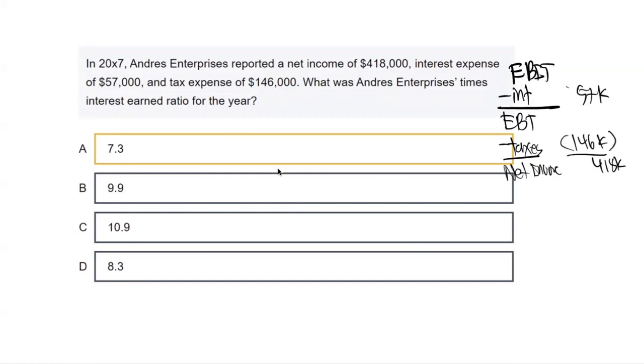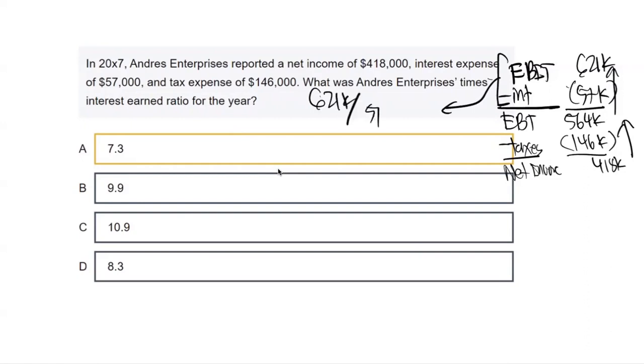So kompletuhin natin anong magiging EBT natin. Something minus 146 is equal to 418. So taas, add back. That would be 564. And then one more. 564 plus 57 would be 621. And ito na yung ating times interest earned ratio. That would be 621 divided by 57,000.